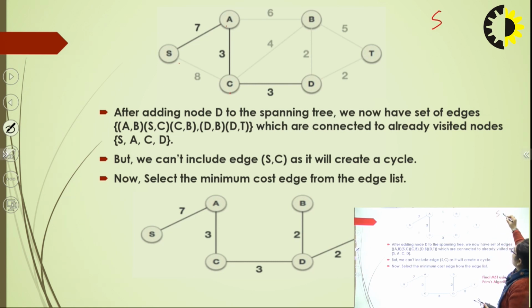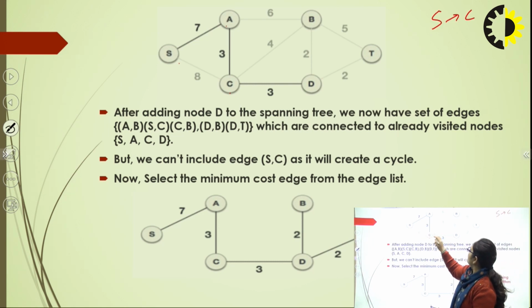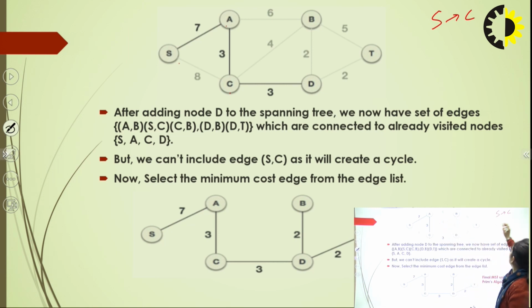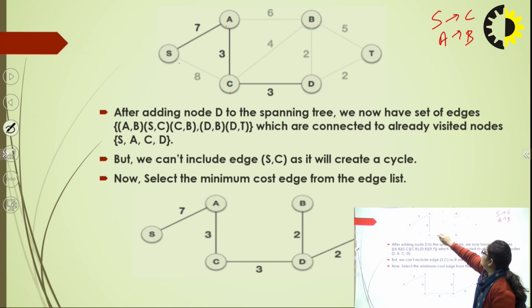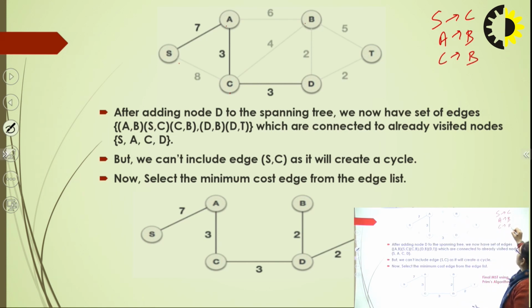We are left with S to C, and from A the remaining outgoing edge is A to B. From C, the remaining edge we have not yet included in the tree is C to B. And from visited vertex D we have 2 outgoing edges, D to B and D to T. So S to C has cost 8, A to B has cost 6, C to B has cost 4, D to B has cost 2 and D to T also has cost 2.